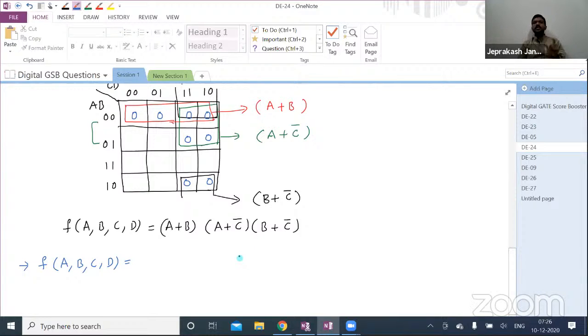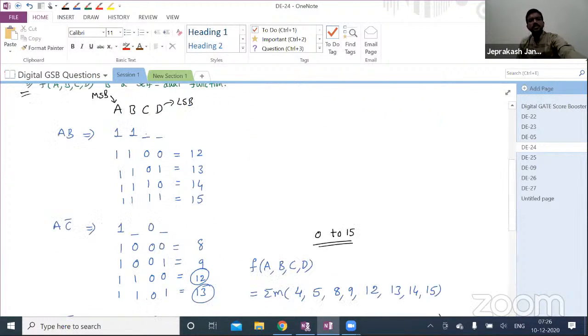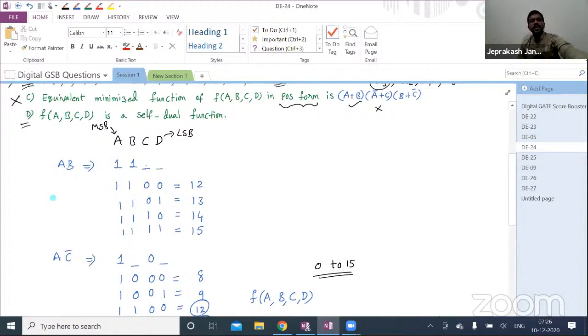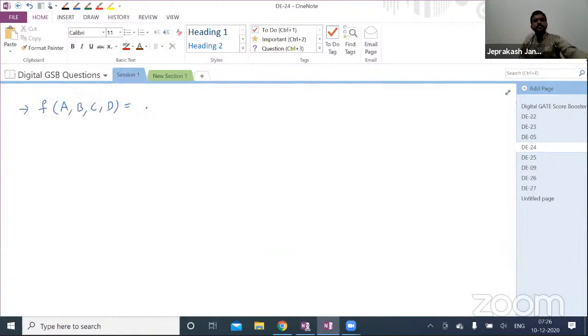Very good. If you're getting the same function after applying dual, then we will call that particular function self-dual, right? So first write the given function, that is AB plus AC bar plus BC bar.